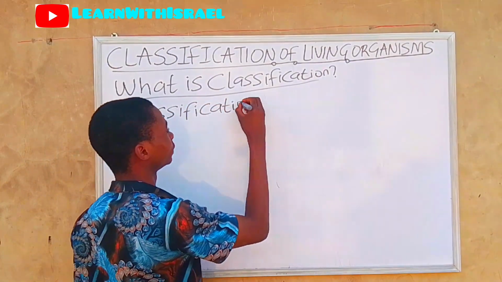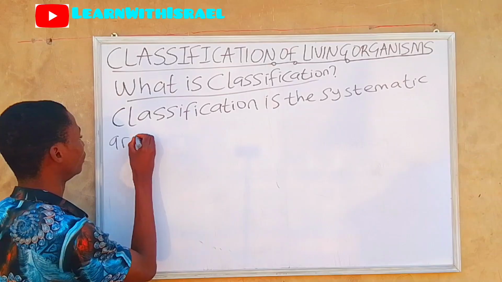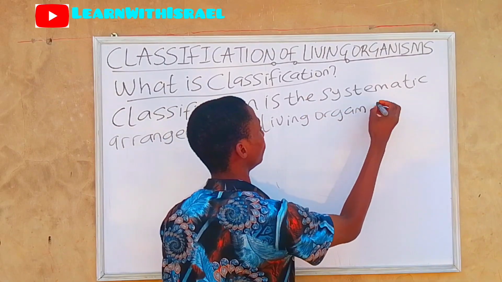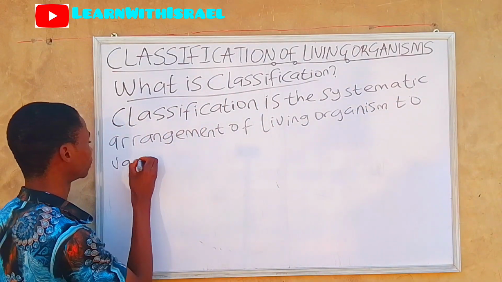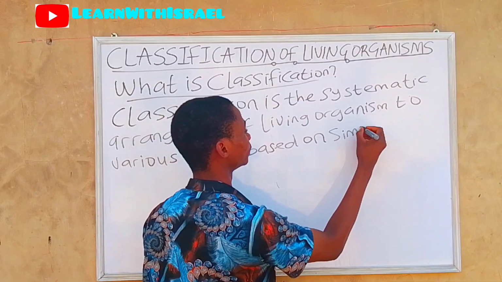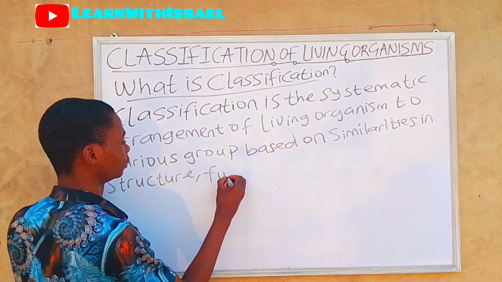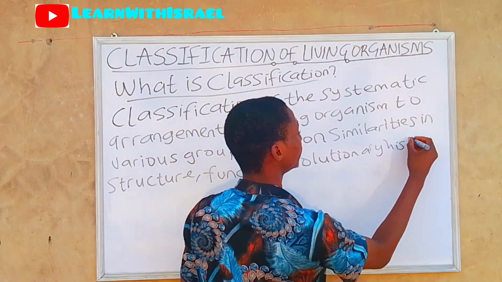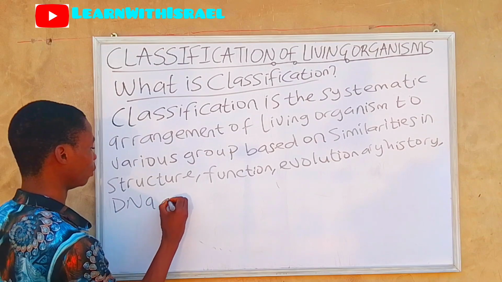Classification is the systematic arrangement of living organisms to various groups based on similarities in structure, function, evolutionary history, and DNA and physiology. And when I say evolutionary history, I mean where it evolved from.